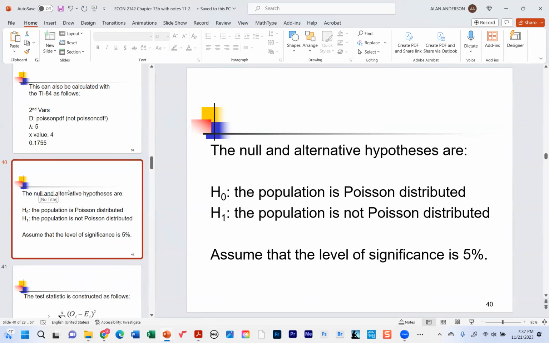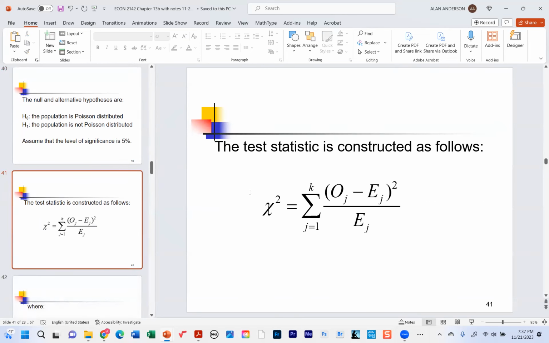The test statistic, now when you see it, don't panic. It looks scary, but it's not. What they're asking you to do is this. What's happening is that, remember, you have observed frequencies which are given to you, and you have expected frequencies which you will be calculating.